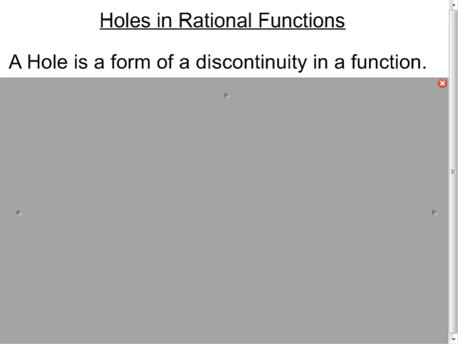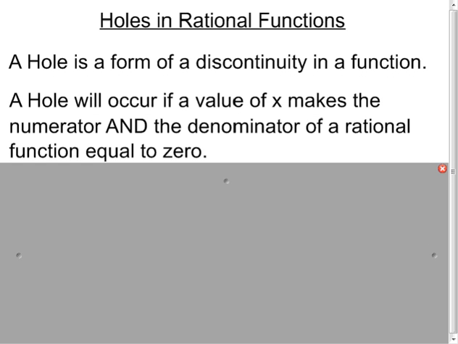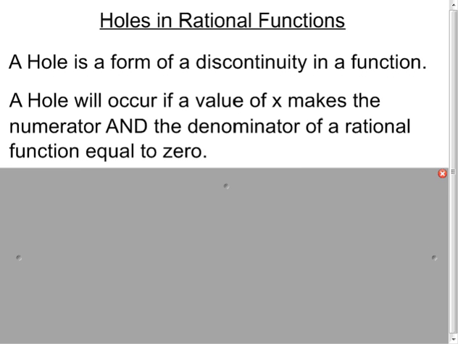First and foremost, a hole is a form of discontinuity in a function. It's a place where a function loses its connectedness, if you will. So it will occur if a value of x makes the numerator and the denominator of a rational function equal to 0. Now you can probably see a little bit how they're related already.